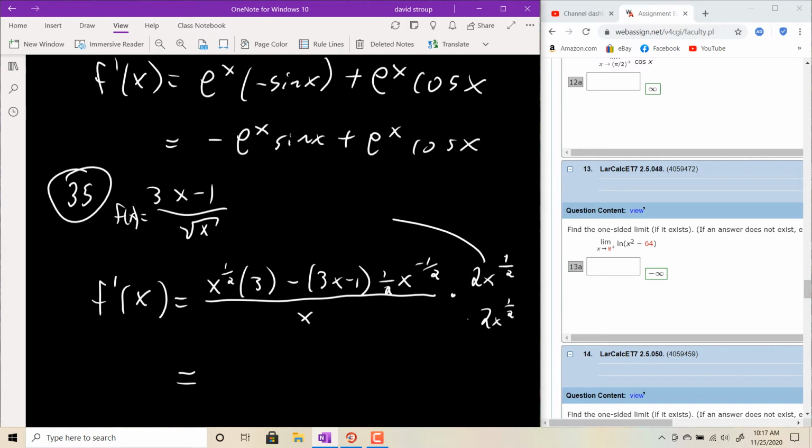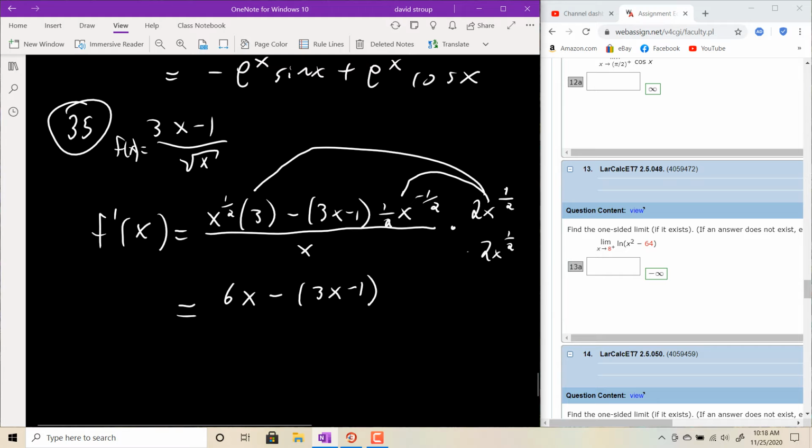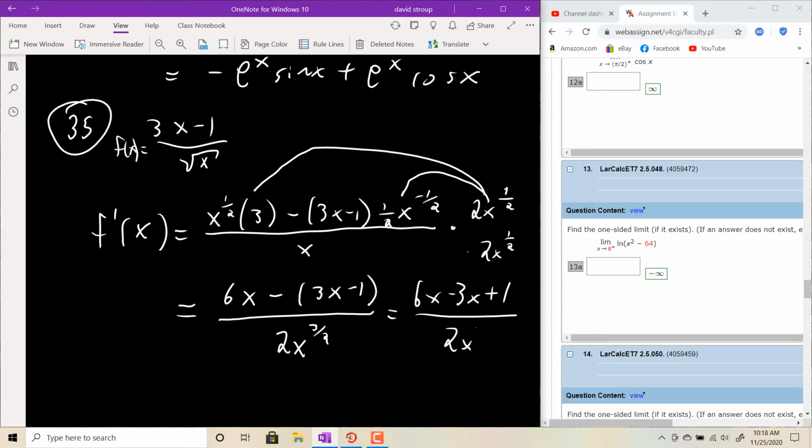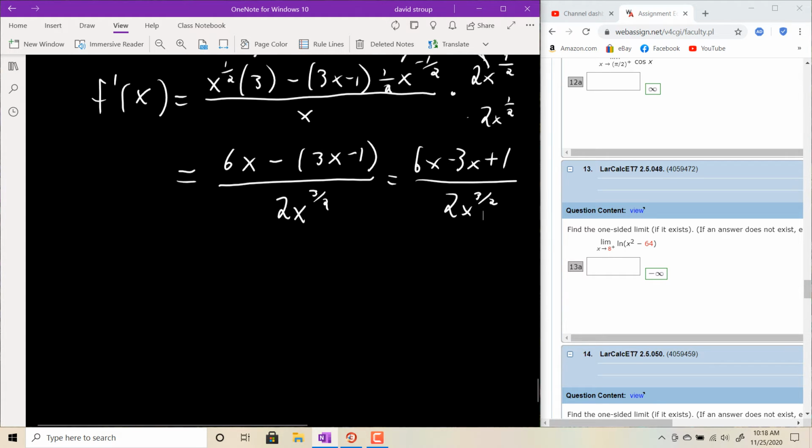So this times this will give me 6x to the 1/2 plus 1/2 is just 6x minus 3x minus 1. This times this part of it will be just 1, right? Which is why I did it that way. And then downstairs I have 2x to the 1 plus 1/2 is 3/2. And then you can simplify the top, 6x minus 3x plus 1 over 2x to the 3/2. So it'll be 3x plus 1 all over 2x to the 3/2.